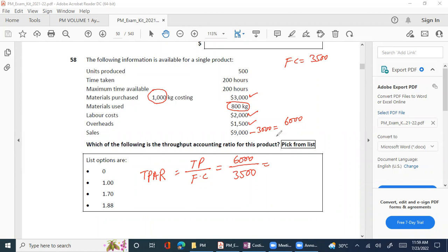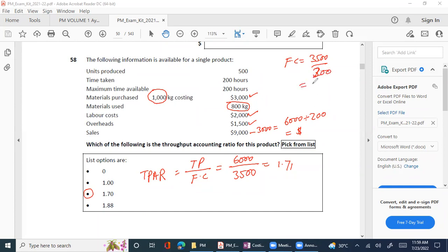So 6,000 divided by 3,500. What will be the ratio? 1.71. So I will select this one. Another way to do this is that some people will think that the hours are given. So let's say I take 200 hours as the bottleneck hours. So what will be the throughput per hour and what will be the fixed cost per hour?